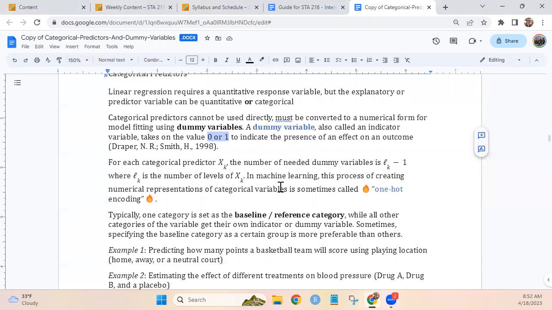In order to represent a categorical predictor with L sub k levels or L sub k groups, you need L sub k minus 1 dummy variables. You might think, if there's 3 species, you need 3 dummy variables, but you actually only need 2.